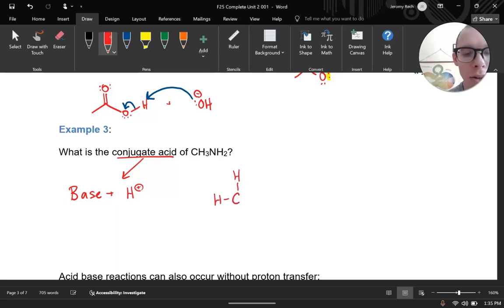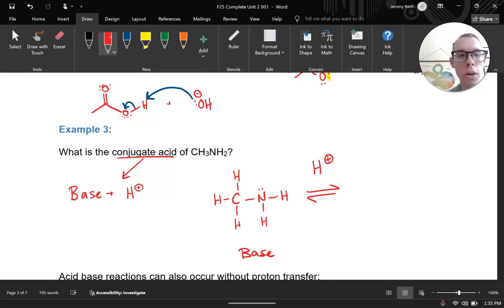I'll go ahead and draw this out again as a Kekule rather than a Lewis structure. So our CH3 and then NH2, this is going to have to serve as a base because we want to see the conjugate acid. And that conjugate acid is going to be what is formed when this acts as a base. So here, I'm just going to show a generic H plus as our source.